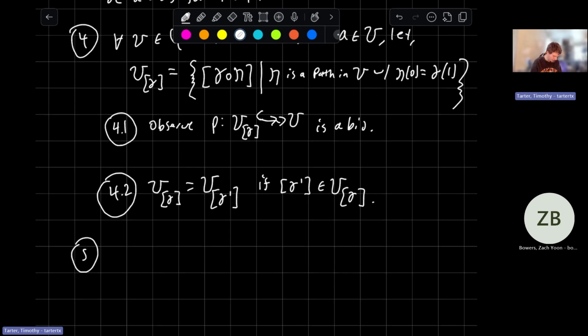And so then this collection is a basis for the topology on X tilde.